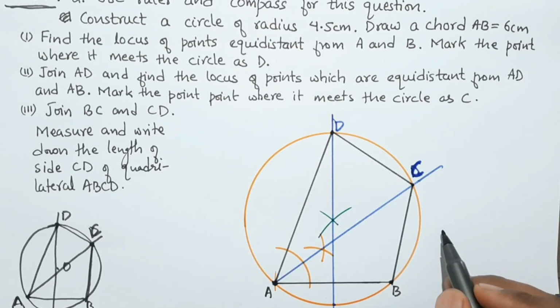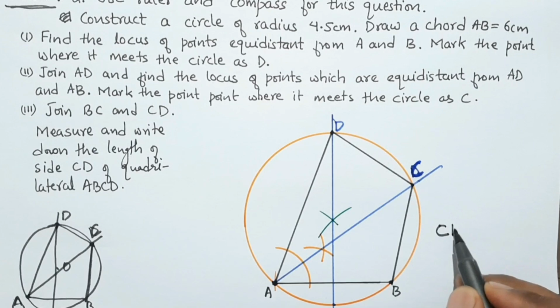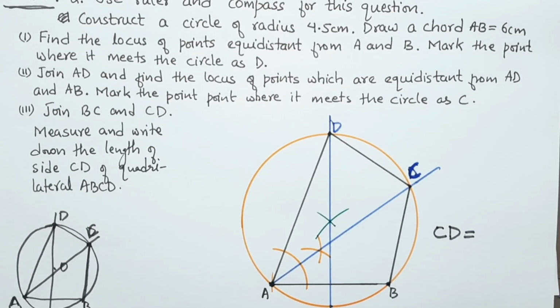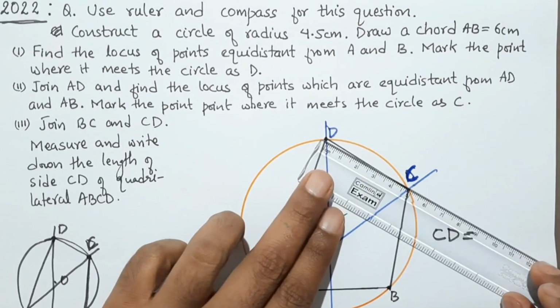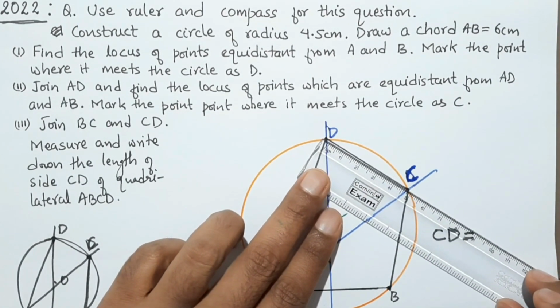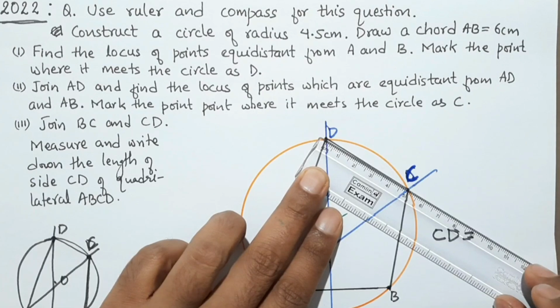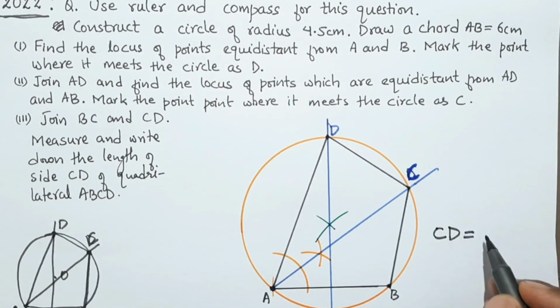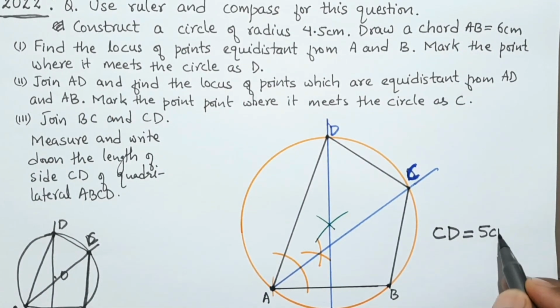We have to measure CD, not BC, actually it is CD. So let us measure this CD. Its length is exactly 5 centimeter.